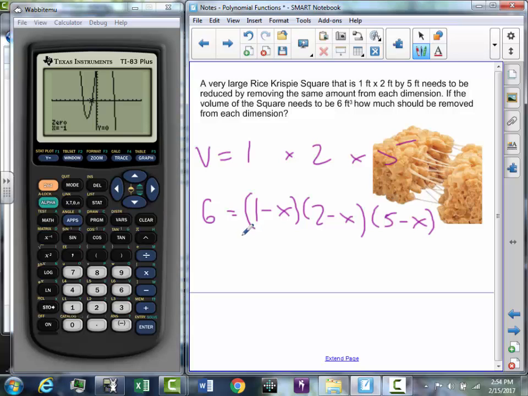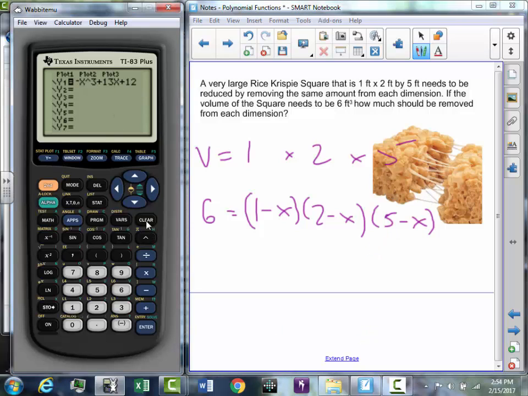So here are 2 options. We could boil this thing down, subtract 6 to the other side, and then try long division. Or we have a calculator. Try 1 minus x, 2 minus x, 5 minus x, and then see where that equals 6.